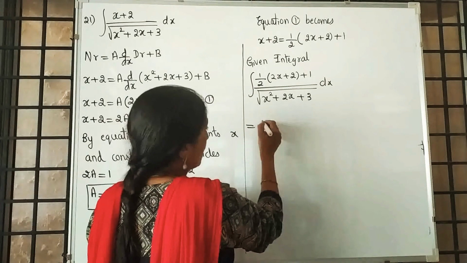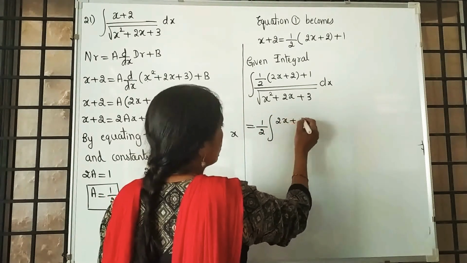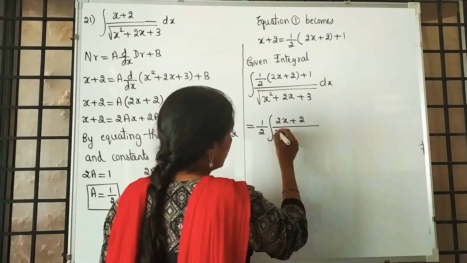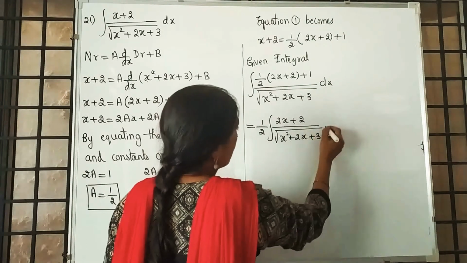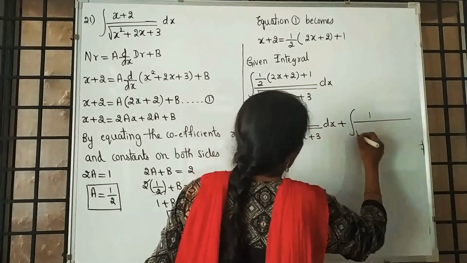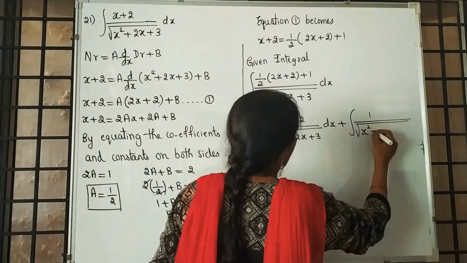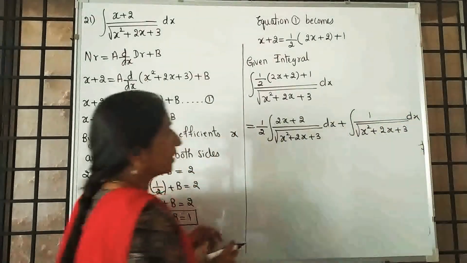Take the denominator separately. It is 1 by 2, 2x plus 2 upon root of x square plus 2x plus 3 into dx plus 1 upon root of x square plus 2x plus 3 into dx.